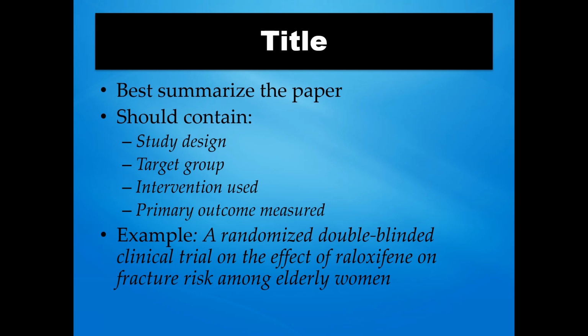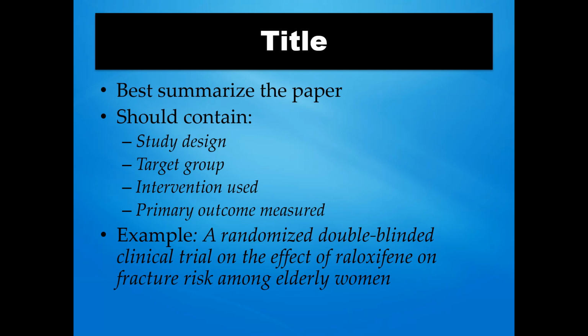Can you tell me the components inside this title? The study design is a randomized double-blinded clinical trial, the target group is elderly women, the intervention used is relaxants, and the primary outcome measure is fracture risk.